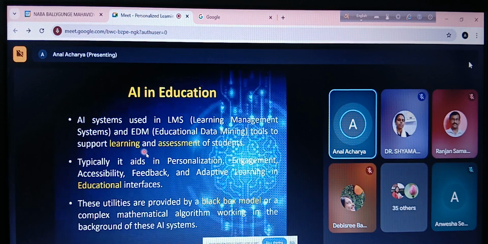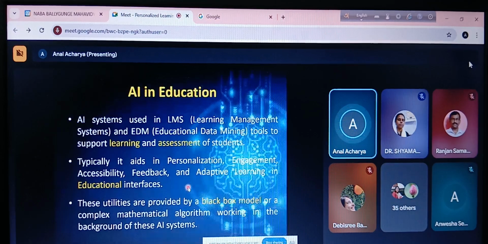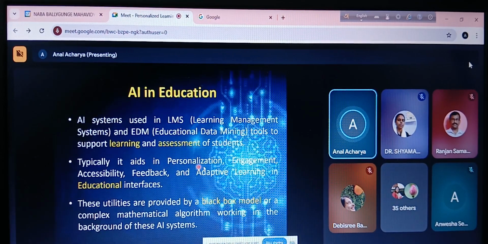So what are the major facets to this? First is called personalization. Personalization means an app may be developed for a certain student, based upon the needs of students. That is called personalization. Then there could be the engagement.